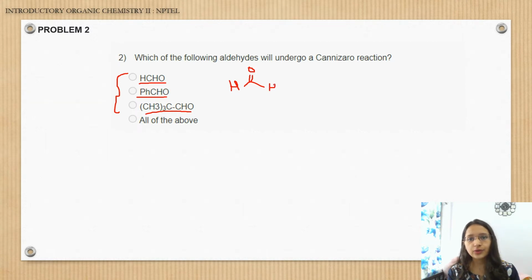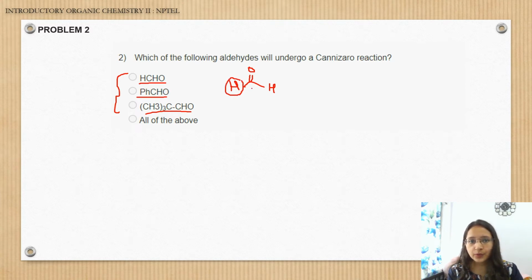So this is the formaldehyde, guys. Does it have the alpha hydrogen? Are you understanding the thing about the alpha hydrogen? See, this doesn't have an alpha carbon because there is only hydrogen present, right?